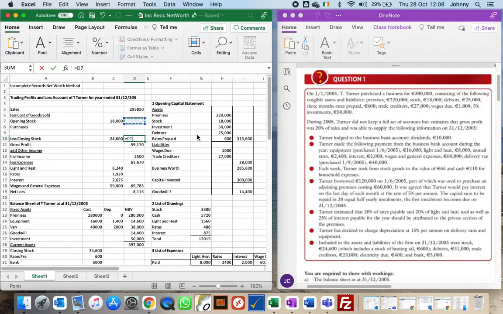So cost of sales is going to be those two numbers taken away from each other. And again, I'm working backwards. So to get my goods available, it'll be the 236 plus my closing stock, and then my purchases is going to be the goods available minus my opening stock. So that's how we finish off the question.